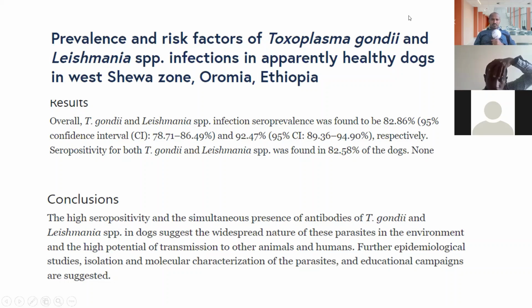It has two forms in human beings, the cutaneous and the visceral forms, which is transmitted mainly by sand flies. But especially canine leishmaniasis is the most commonly neglected disease as well.